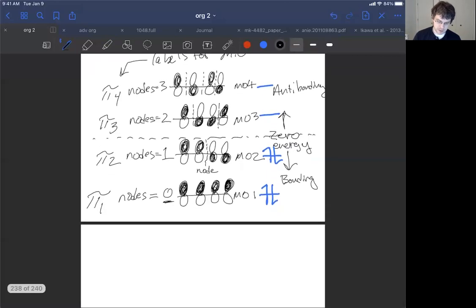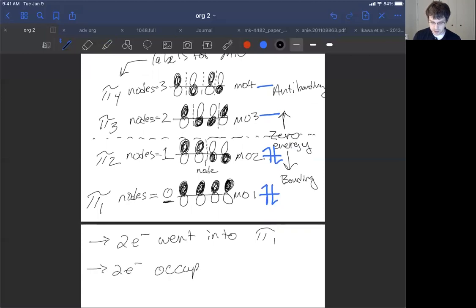So from this diagram, we can see that 2 electrons went into pi 1. That was my molecular orbital with 0 nodes. 2 electrons, I shouldn't say went into, I should better say occupy pi 2.